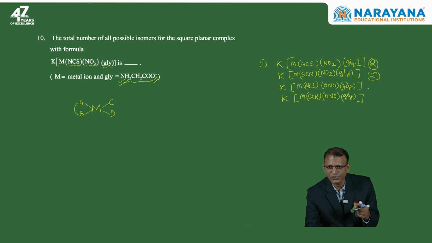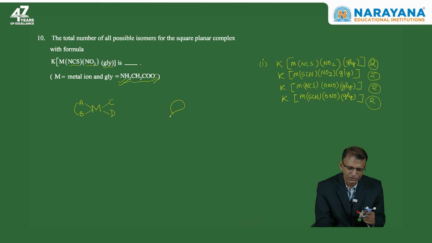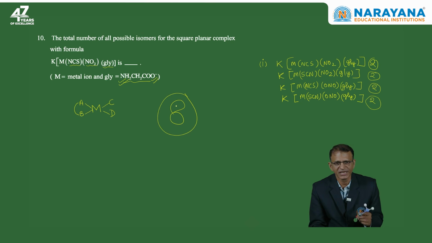In this case also there are 2 geometrical isomers, and similarly in this also there are 2. So the total number of isomers for this complex is going to be 8. There is no optical isomerism. There is linkage isomerism, based on which we can form 4 complexes, and all these complexes have 2 geometrical isomers. So a total of 8 isomers are possible for this complex.